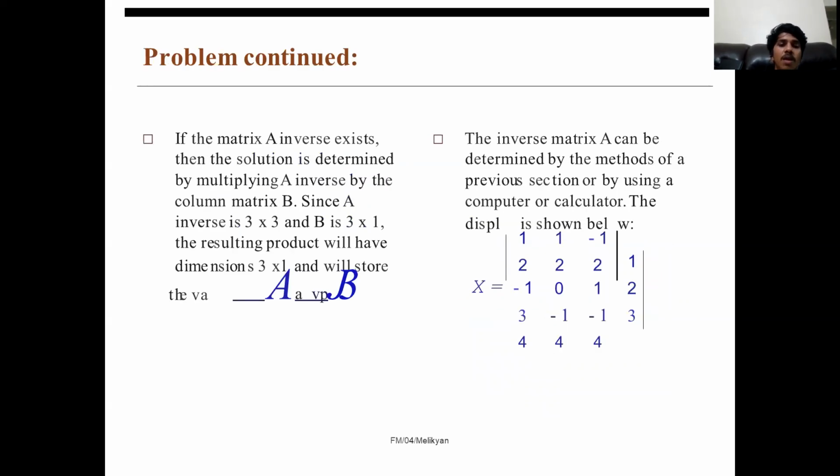If the matrix A inverse exists, then the solution is determined by multiplying A inverse by the column matrix B. Since A inverse is 3 by 3 and B is 3 by 1, the resulting product will have dimensions 3 by 1 and will store the values of x, y and z. The inverse matrix can be determined by the methods of a previous section or by using a computer or calculator.